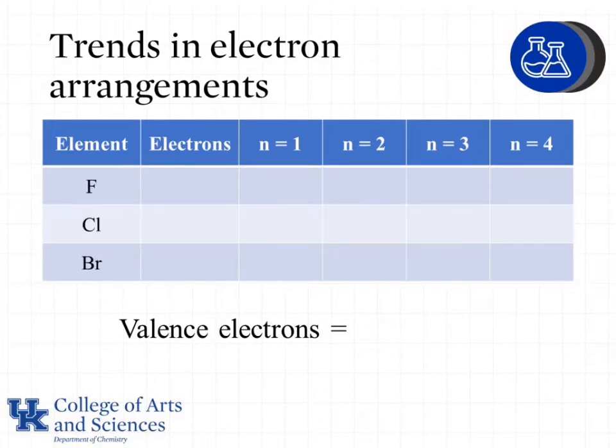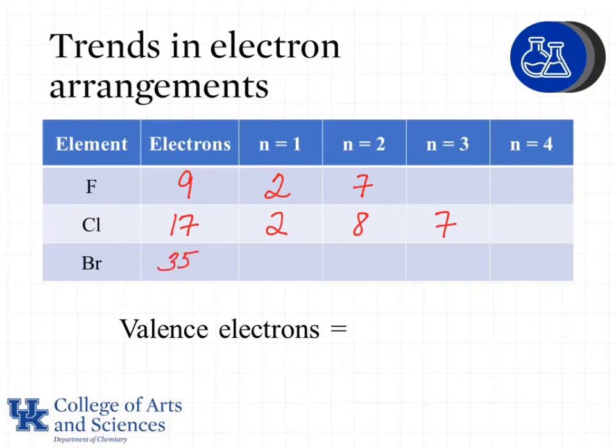Let's look at one more example on the right side of the periodic table, looking at fluorine, chlorine, and bromine. These are in a group known as the halogens, which are in the second to last column, right next to the noble gases. And we see that we have 9 electrons in fluorine, so we have 2 and 7. We have 17 electrons in chlorine, so 2 and 8, and then 7.